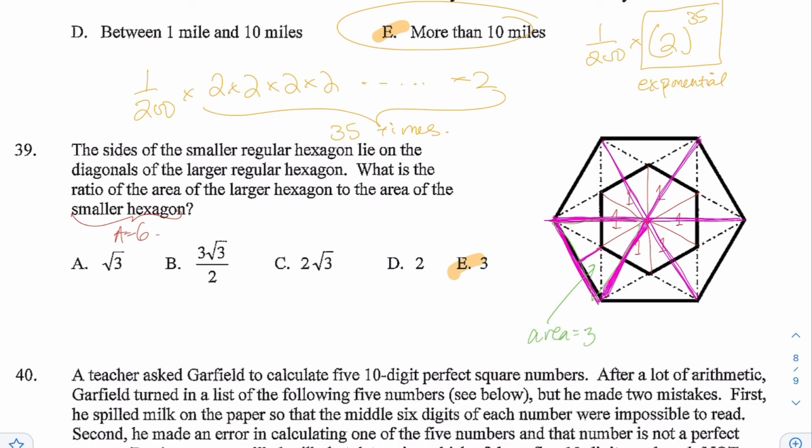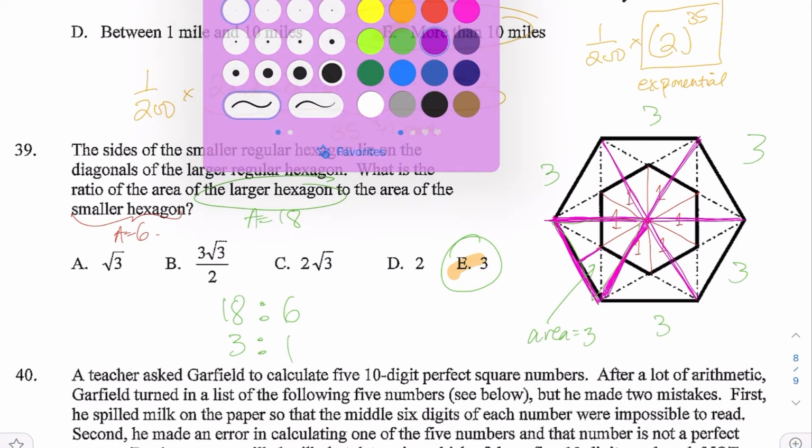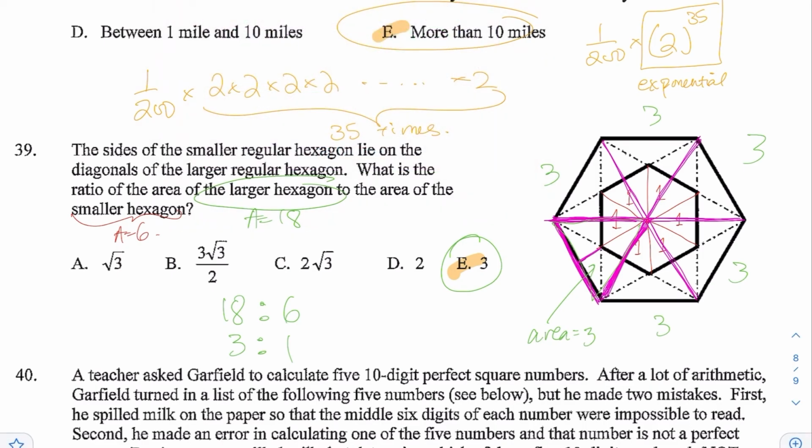So the entire thing will have an area of 18. So the larger hexagon has an area of 18. So the ratio would just be 18 to 6, or 3 to 1, which is choice E. So this is a really easy symmetry that you can take advantage of for these hexagons.